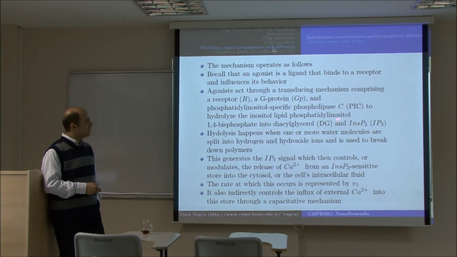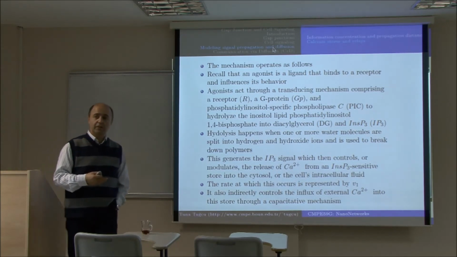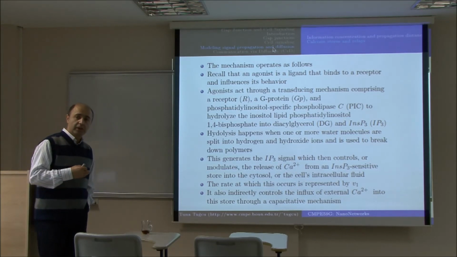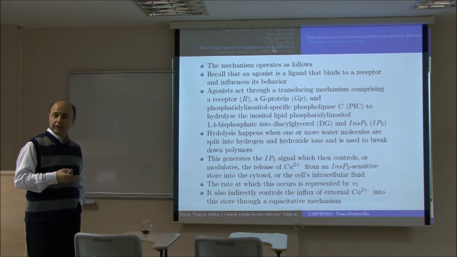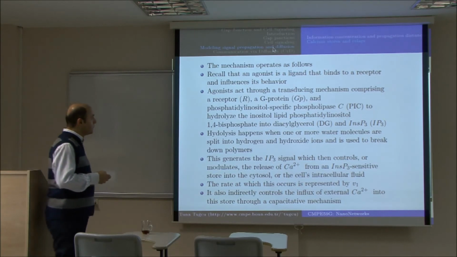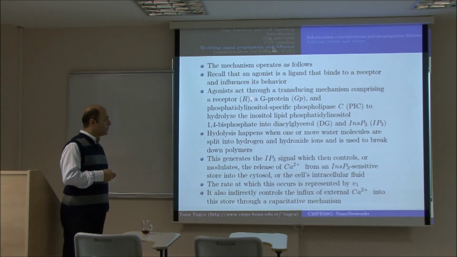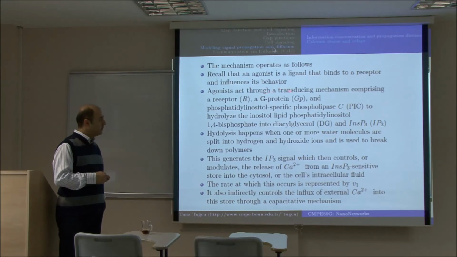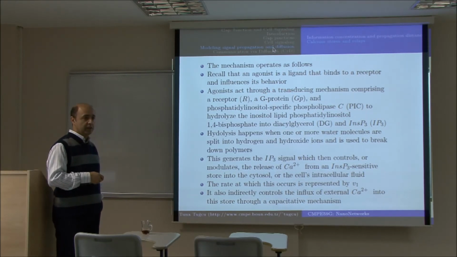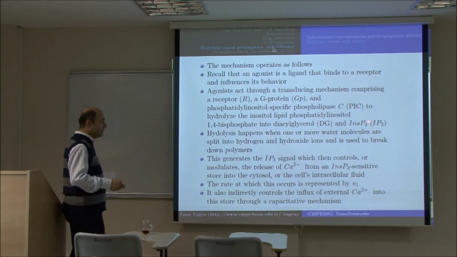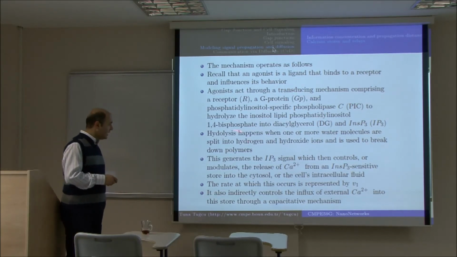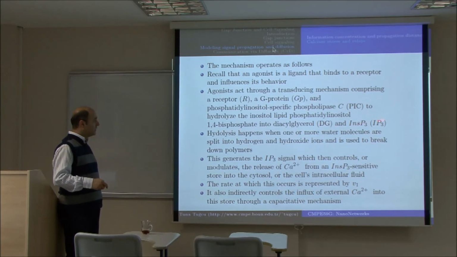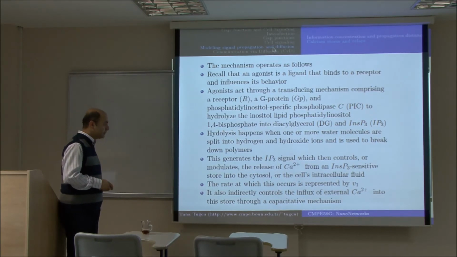For our case, the important thing is not DG, but IP3, because the IP3 molecules trigger the inner calcium pools. So with the arrival of the agonist, the receptor has triggered the G protein, which caused the PIC to produce DG and IP3.